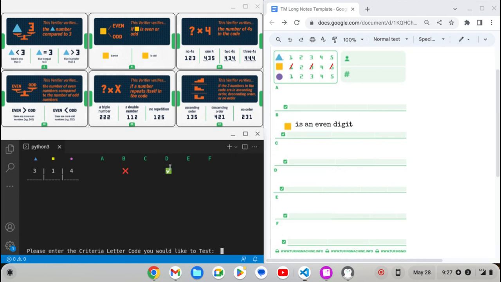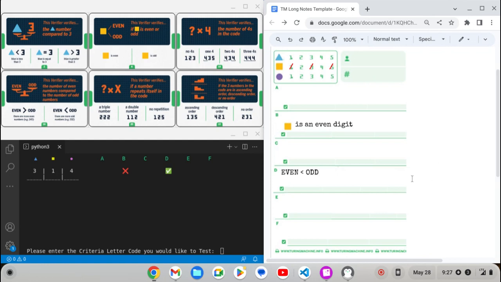Okay, so the Turing machine approves of my proposal. Notice that in the example that I have, 314, I've got 2 odds to 1 even. And so it approves of that. So it's telling me that yes, there are more odds than evens. So in my notes for section D, I'm going to put even is less than odd, which means that, of course, there are more odds.